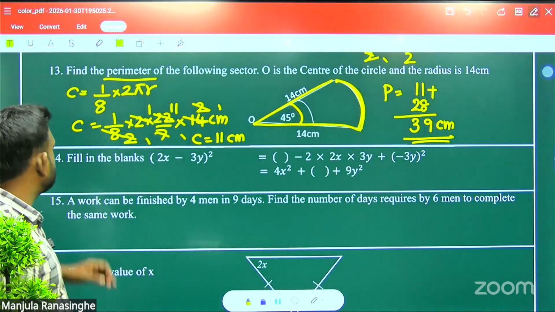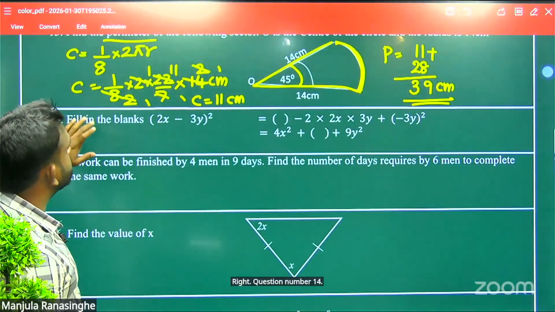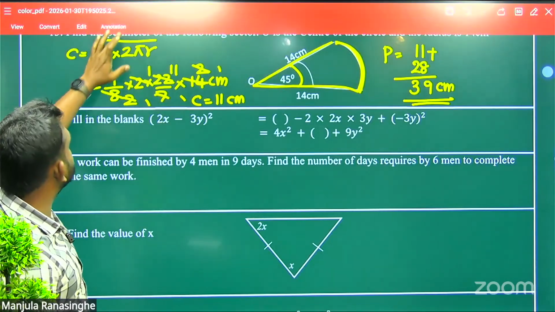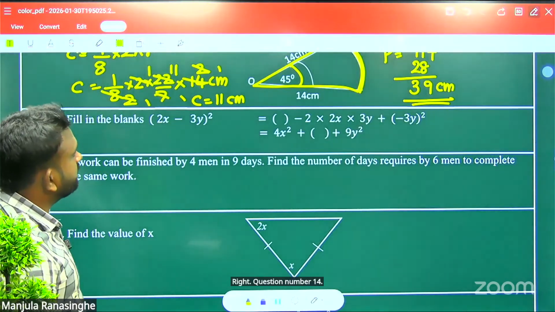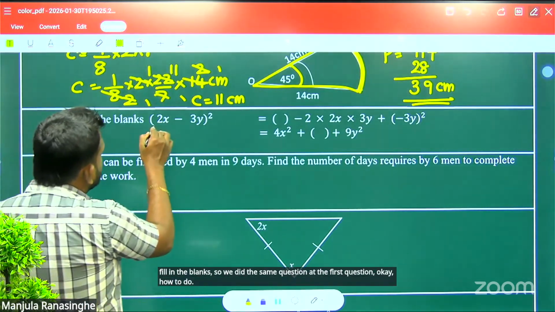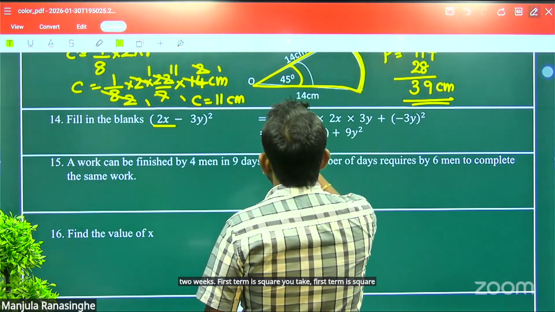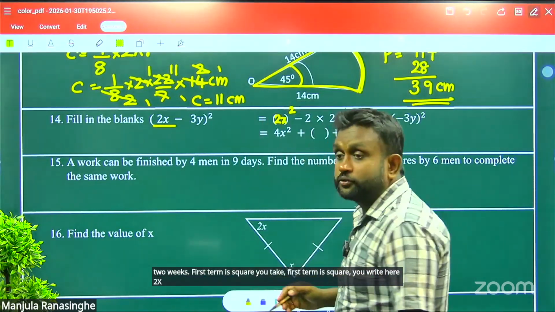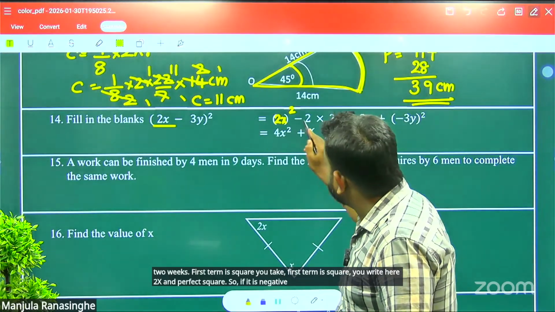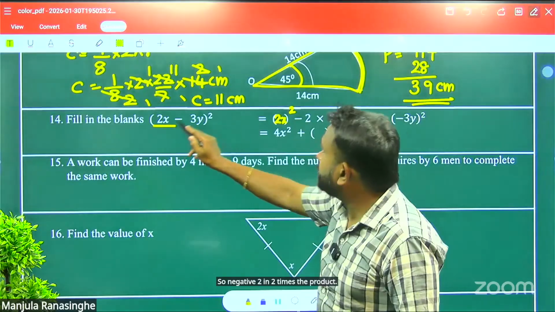Right. Question number 14. Fill in the blanks. So we did the same question as the first question. Okay, how to do? First term is squared. You take the first term squared. You write here 2x perfect square. So if it is negative, so negative 2 into twice the product, 2 into 2x into 3y.